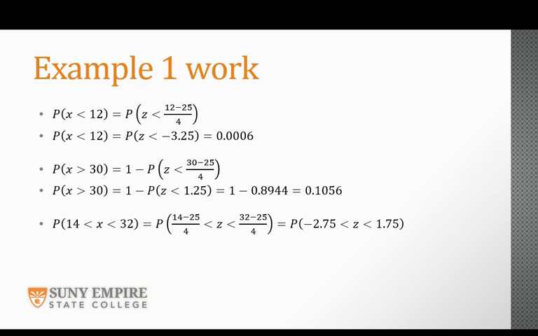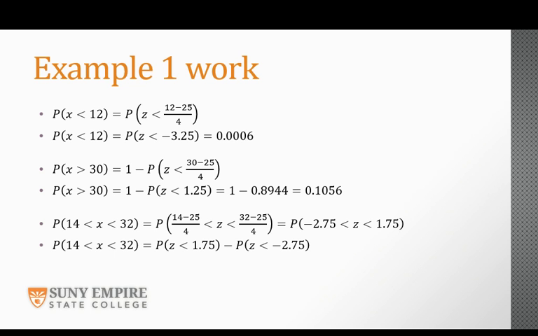We can also find the probability that our kitten weighs in the range from 14 through 32 ounces. We need to find the probability that z is between the normalized values for each, which is the probability that z is between negative 2.75 and positive 1.75. To find this probability, we subtract the p-value for the upper bound minus the p-value for the lower bound.